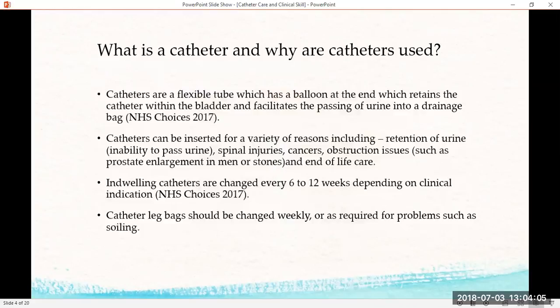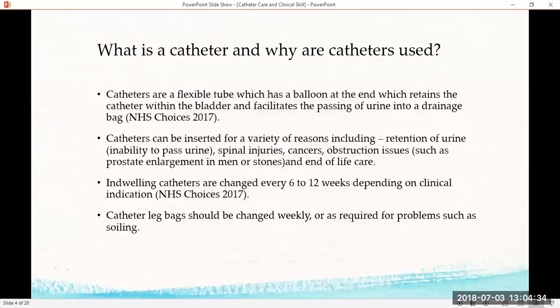Also patients who perhaps have cancer of the urinary tract in the bladder. Sometimes other cancers can also have catheters in situ. There could be obstruction issues such as enlarged prostates within men, and you also get bladder stones which can be either men or women. And they can also be used when patients are in the latter stages of their life and in end of life care, which can just alleviate some of their symptoms.